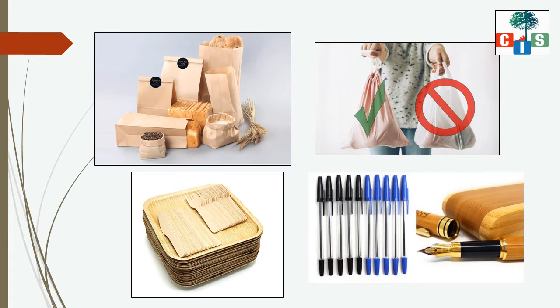Here you can see we should use cloth bag instead of plastic bag, and then we should use fountain or ink pen, not use-and-throw ball pen. We should not use plastic items, like disposable items which are made up of plastic.